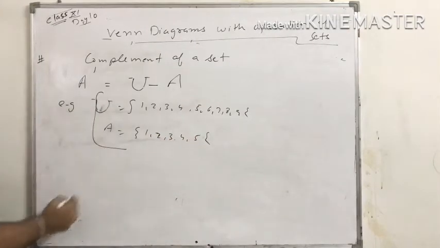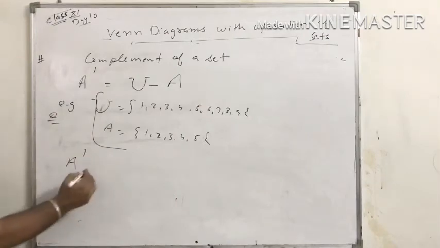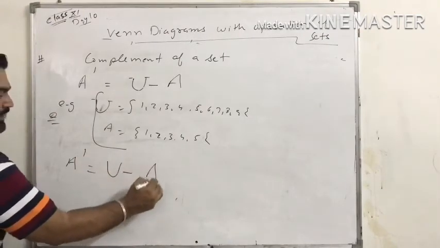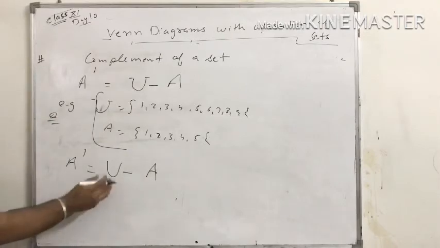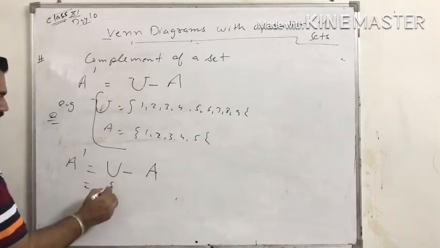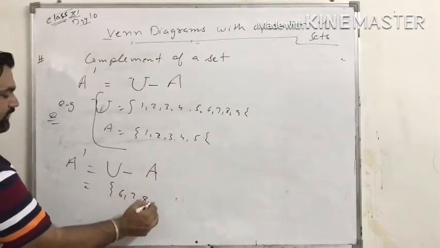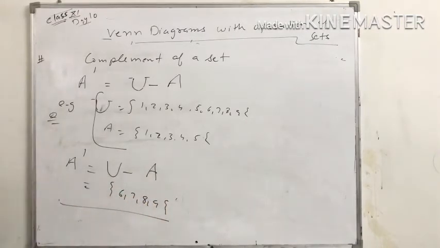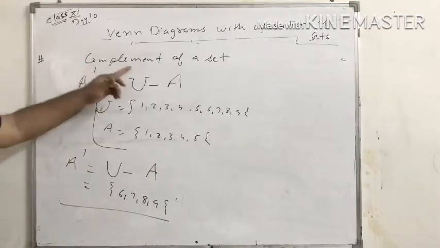Now this is a question. If we have to find A complement, the formula is U minus A, the elements of U which are not present in A. So which are the elements? 6, 7, 8, 9. So this is the complement of the set.